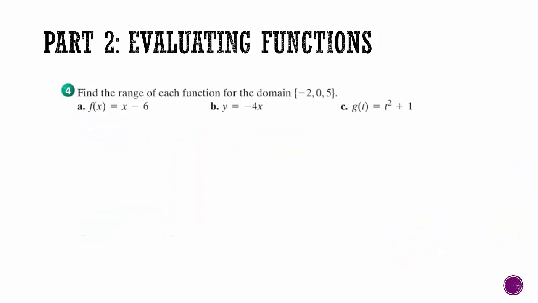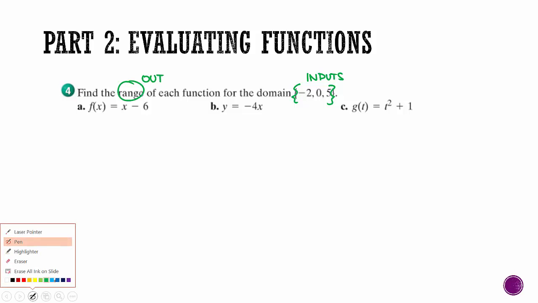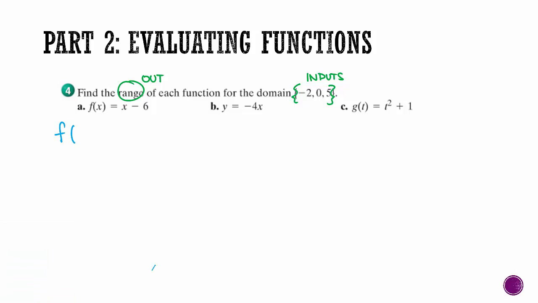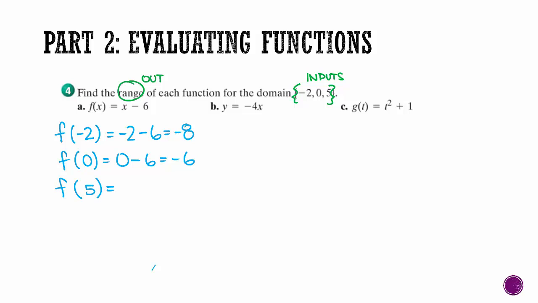Last thing, find the range of each function for the domain. They're telling you, use these numbers as your inputs and tell me what you get out. So the very first one, f of negative 2, we're going to plug that in, and we get negative 8. f of 0, plug that in, and we get negative 6. f of 5, plug it in, we get negative 1.